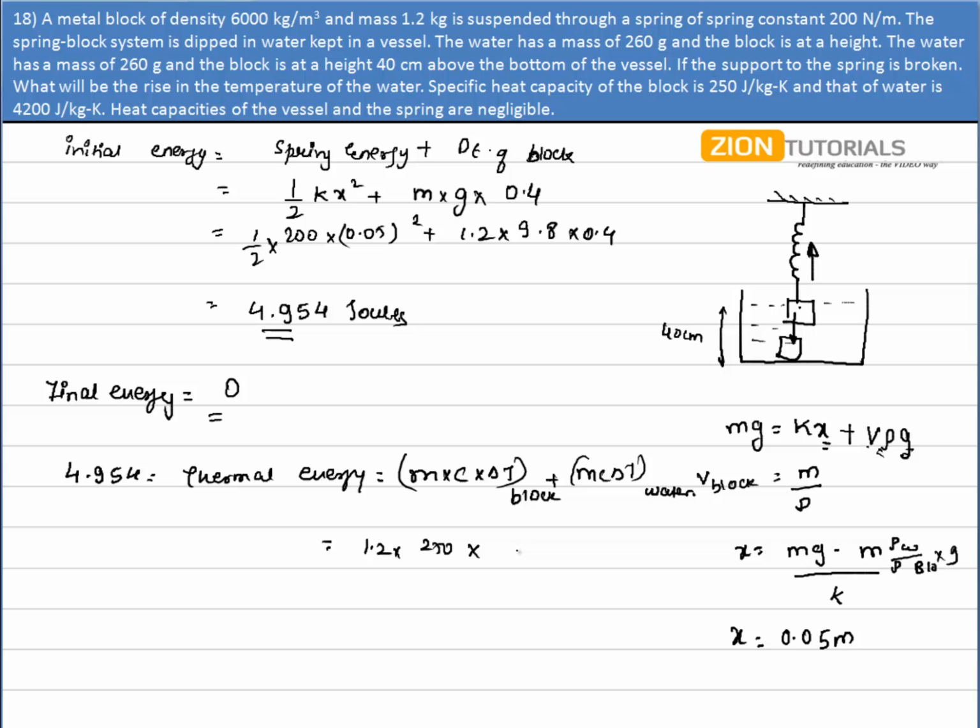Let's say the final temperature change is delta T, plus mass of water, that is 0.26 into 4200 into delta T is equal to 4.954. Solving this equation for delta T, I get the value of delta T as 0.003 degrees Celsius. That is the answer.